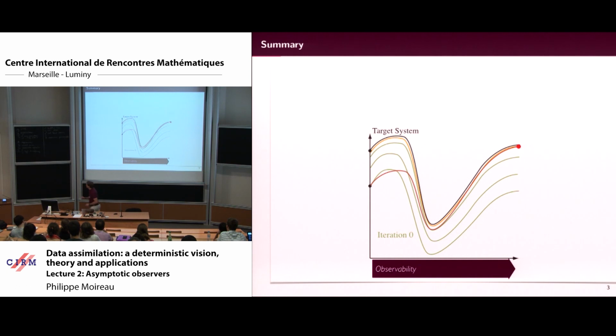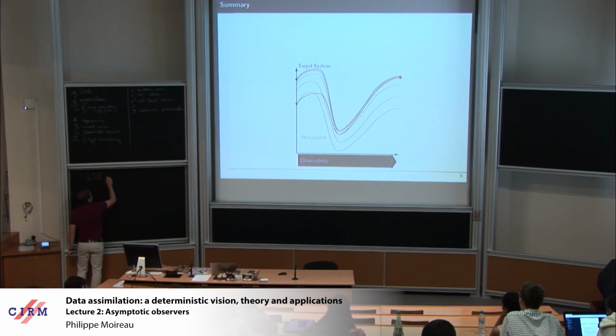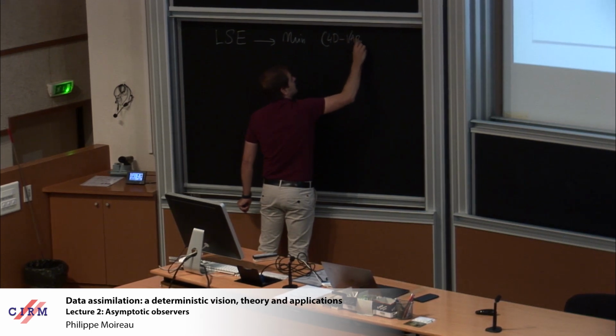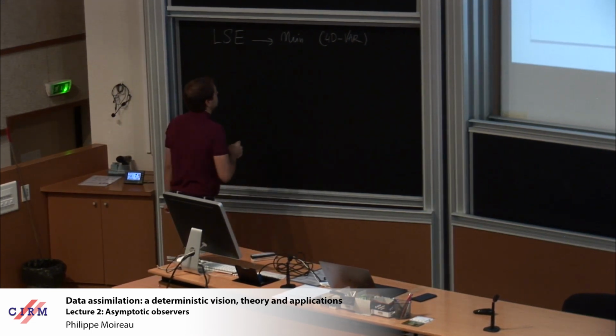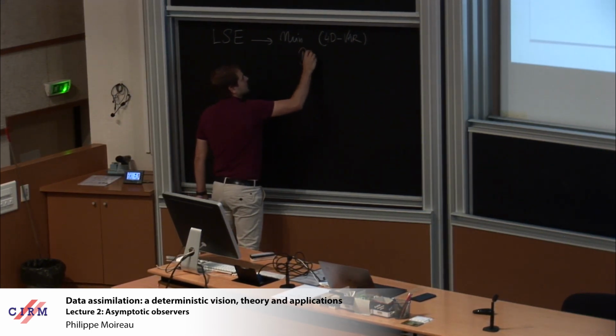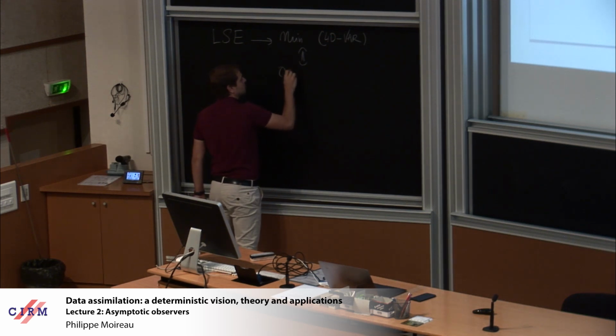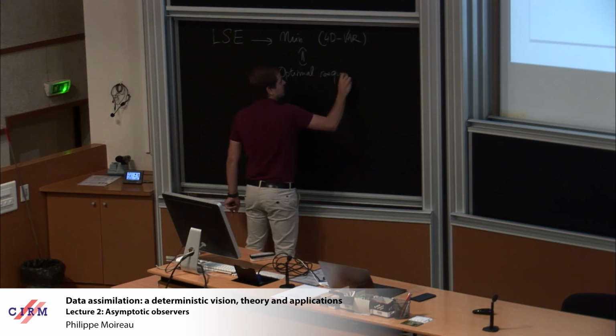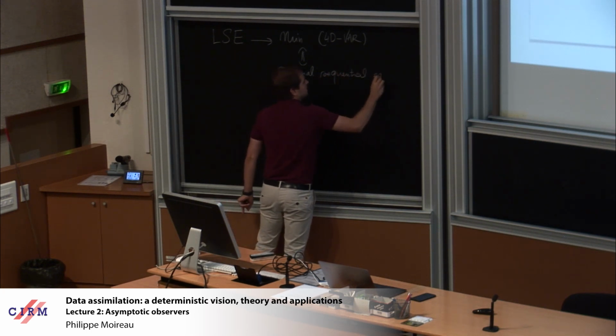What we understood yesterday is that you have least square estimation. From that, you can compute the mean, which is sometimes called the 4D-VAR approach, and then you have an equivalence with what we call the optimal sequential estimator.